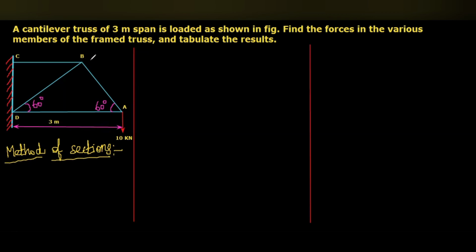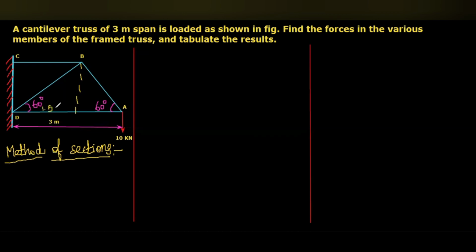Actually here you can see this DA or AD, that is the 3-meter span, and this ABD is an equilateral triangle. This 60 degree, this 60 degree, then this also 60 degree. If you draw a vertical line, then this will split into two equal halves.